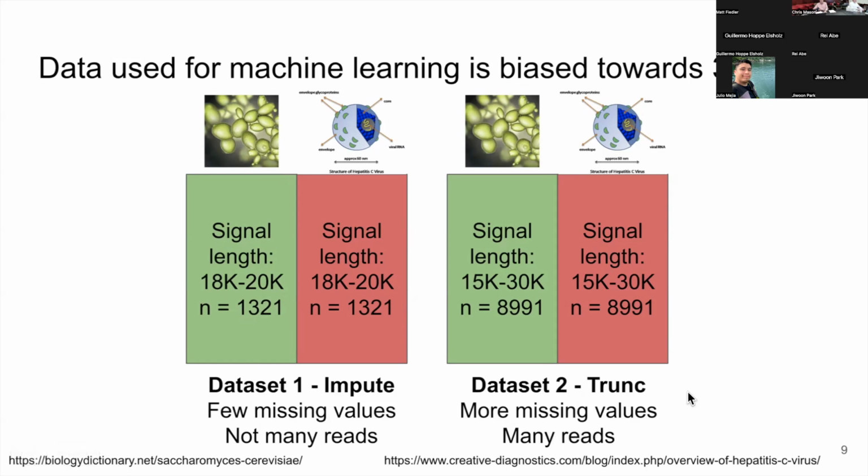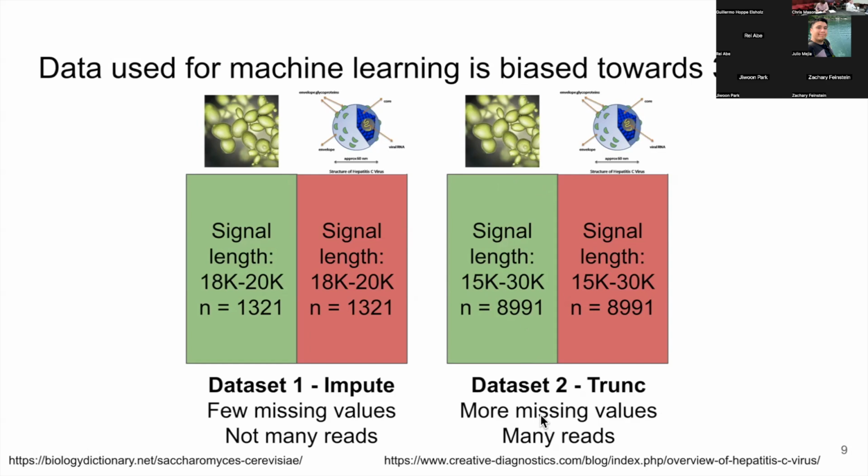And our second data set here is a truncated model where we took reads between 15 and 30,000 values in total. It's about 9,000 samples per group here. And so in this, we have more missing values, and therefore we truncated as a result, such that it's about 15,000 being the longest read, or number of values per read in this data set.